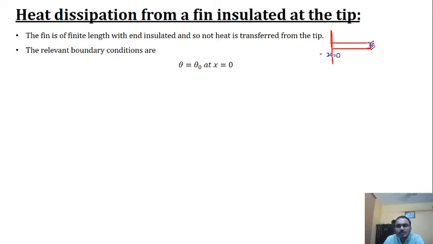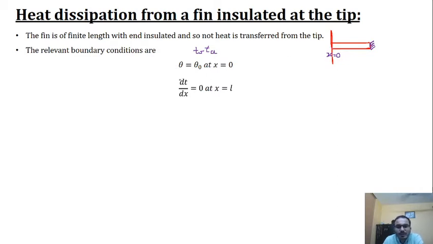Okay, so here it is assumed that the temperature difference is nothing but T0 minus Ta. That is, the temperature at x equal to 0 is equal to the base temperature.